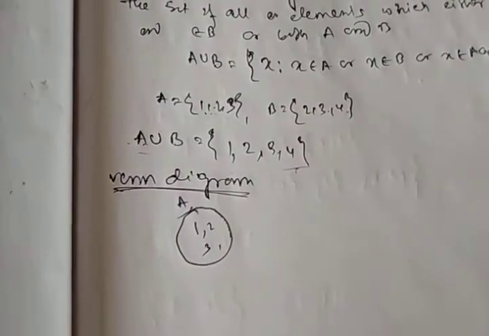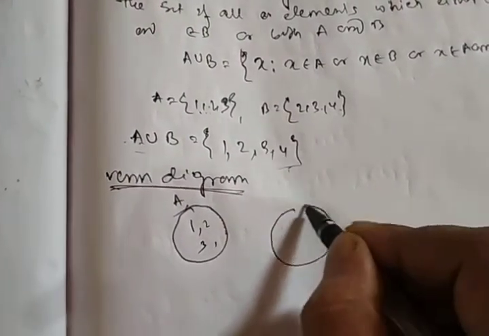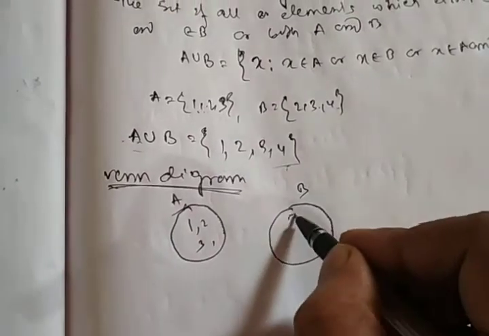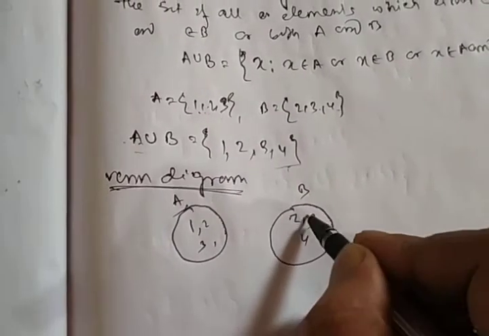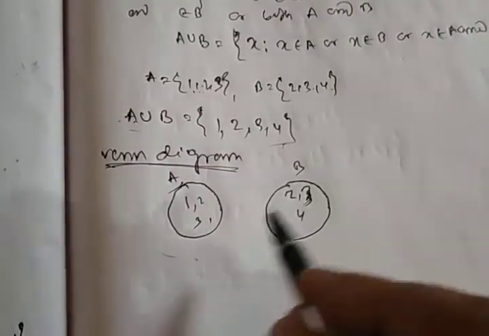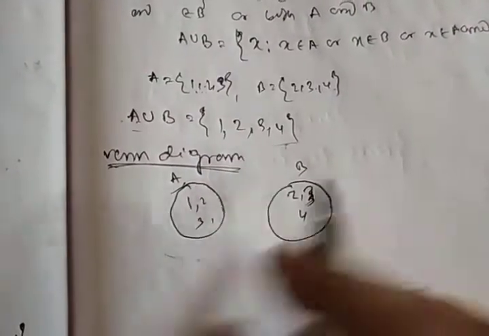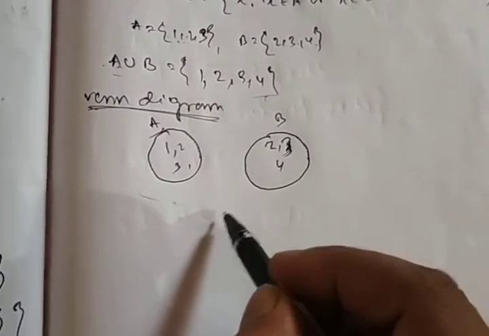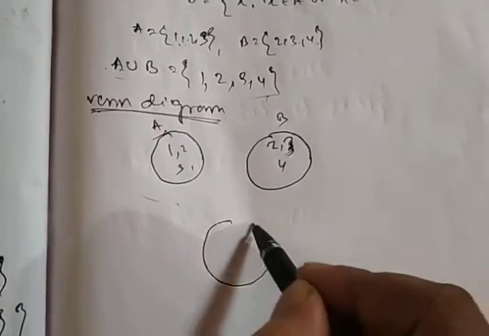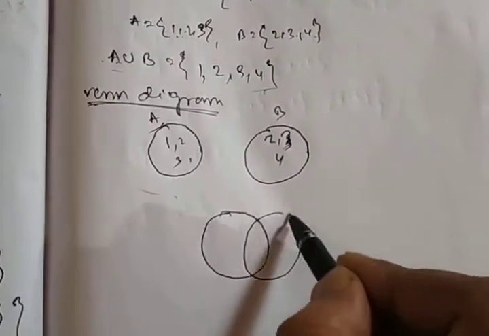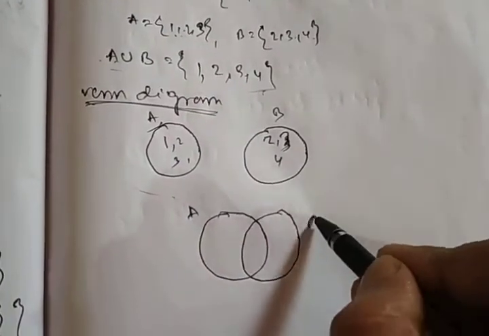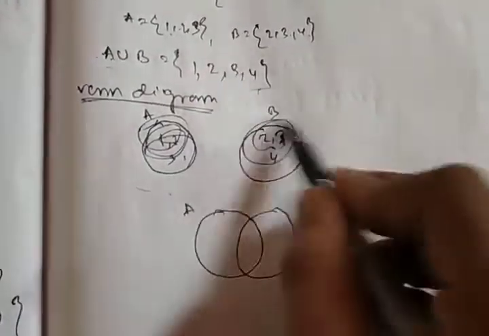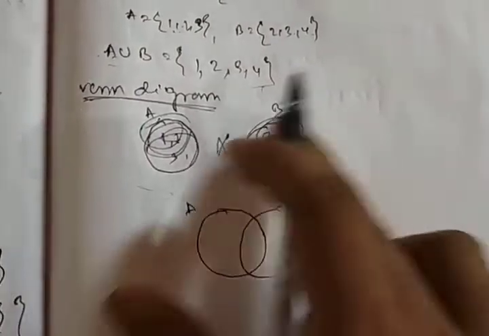Here you can also take a set B with the elements 2, 3, 4. The common elements are shown by the overlap. So two sets can be represented in a Venn diagram as one circle for the set A and another circle for the set B. But this is a wrong representation.